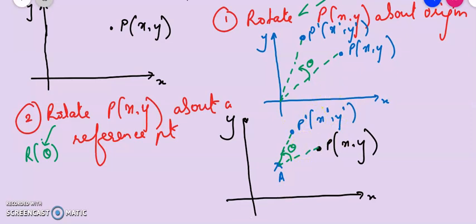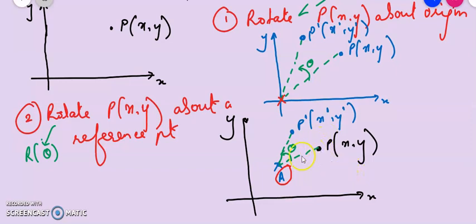Here we come to know that there is a clear-cut differentiation between rotation about origin and rotation about a reference point. Rotation about origin will take the origin as the reference point. Rotation about a reference point, that is any point on your screen, will be taken, that is being shown somewhere out here.